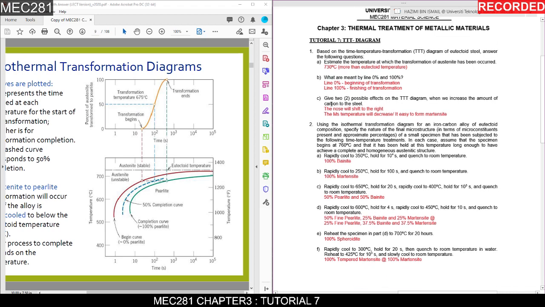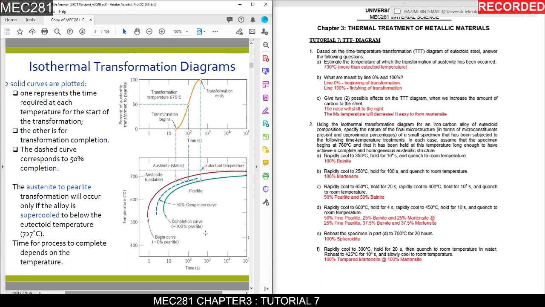And for 1C, the question is, give two possible effects on the TTT diagram when we increase the amount of carbon in the steel. You can find the answer in the notes, because this is general knowledge of your understanding of the TTT diagram.